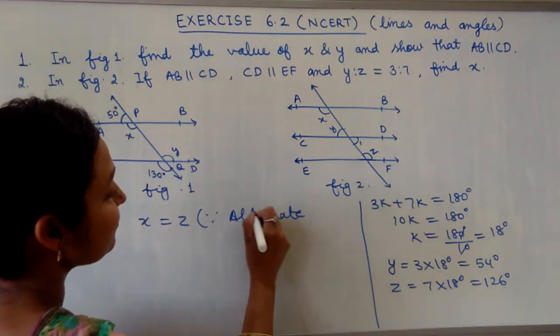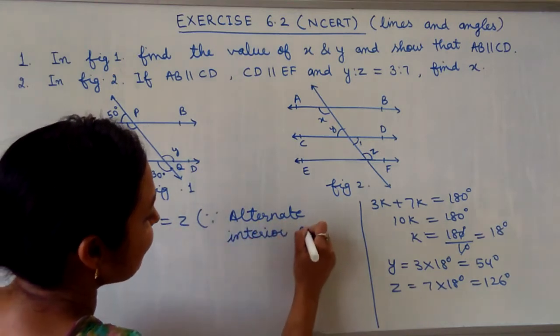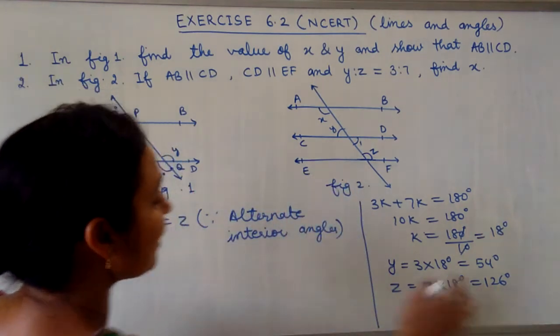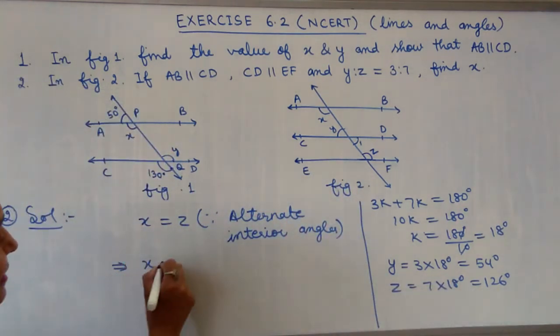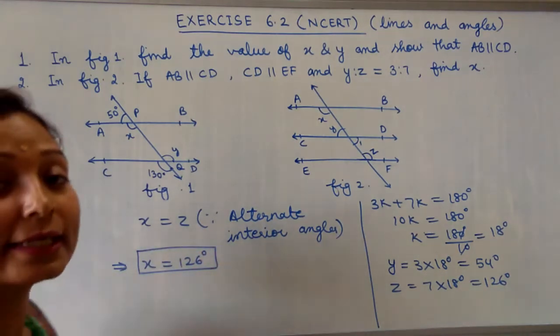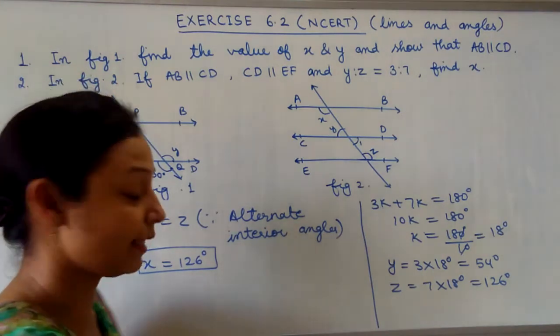Z is equal to 126 degrees. This implies x is equal to 126 degrees. So this is the way to find the value of x using the concept of alternate interior angles.